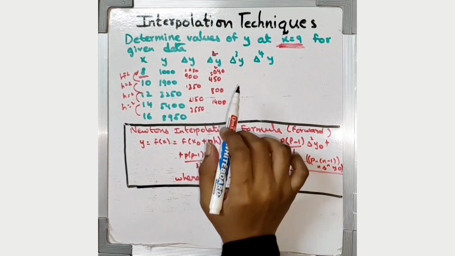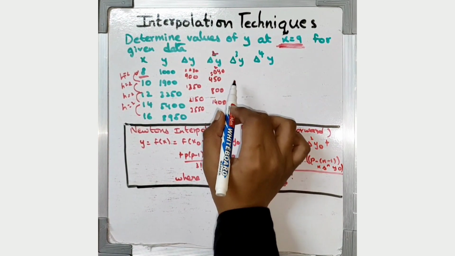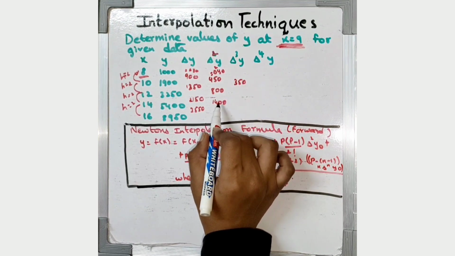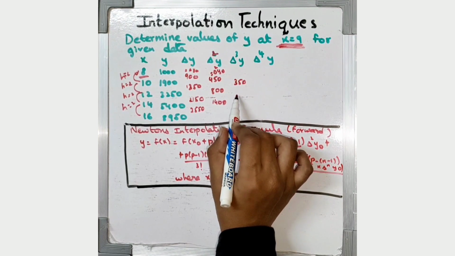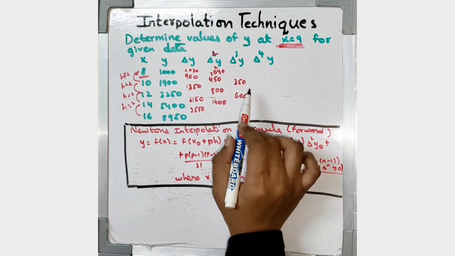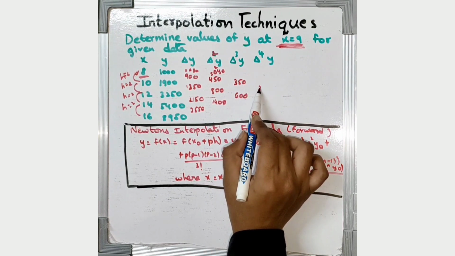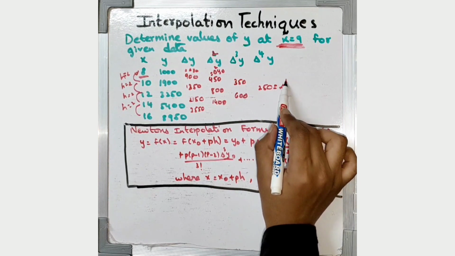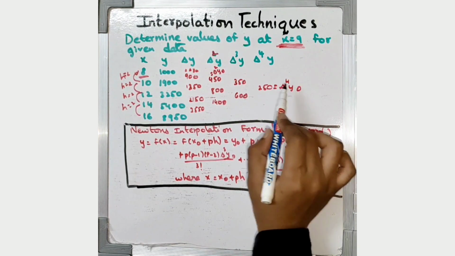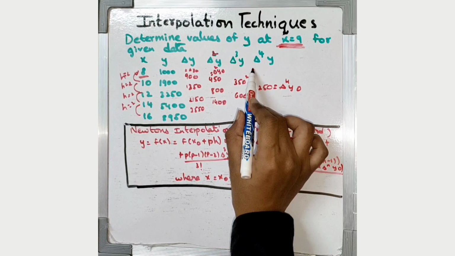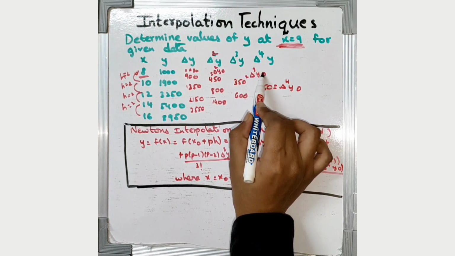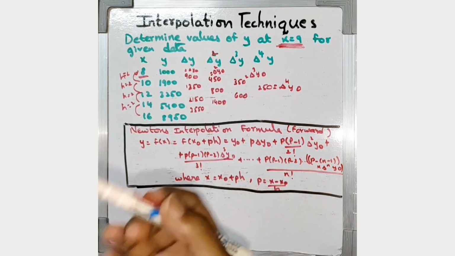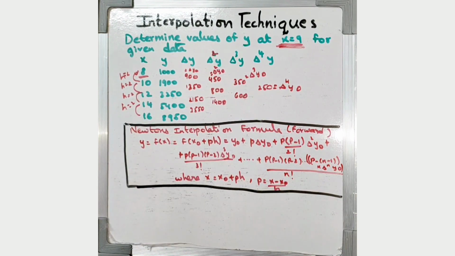Now similarly find the third: 800 minus 450 equals 350, and 1400 minus 800 equals 600. Again 600 minus 350 is 250. 250 is our fourth forward difference, del power 4 y0, and this is del power 3 y0. So these are our forward difference values: the first, second, third and fourth forward differences.